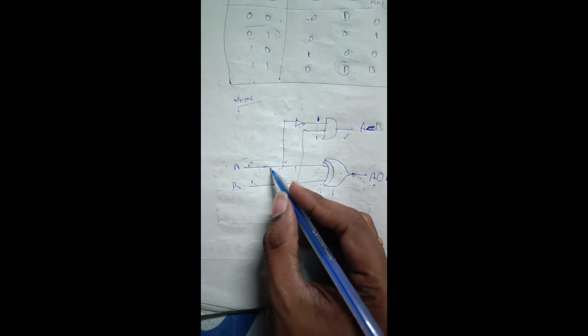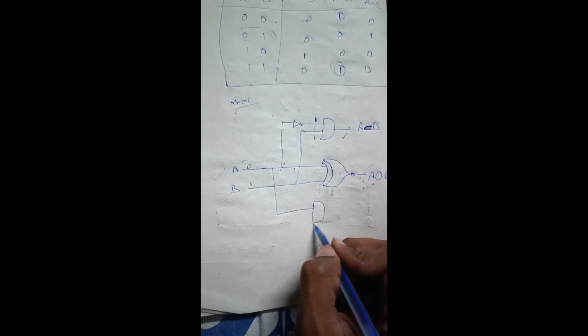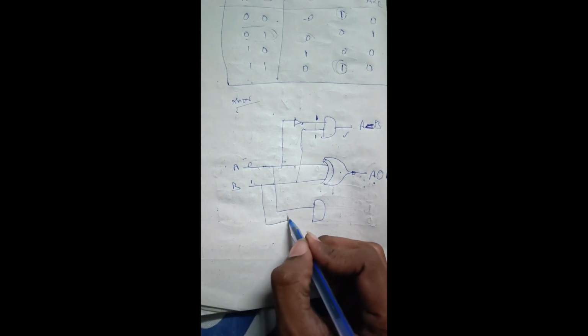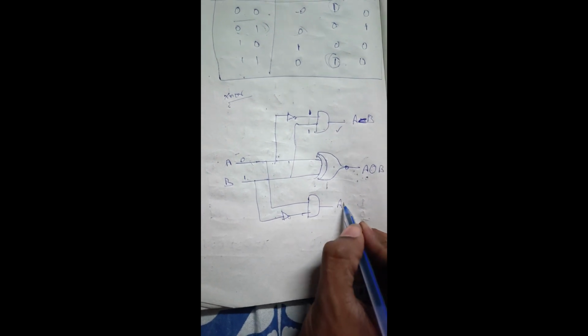So for A greater than B, A will be directly given to the AND gate and B will be connected to the NOT gate. So here we will get the output as A greater than B. Okay, this is the logic diagram for the 2-bit magnitude comparator.